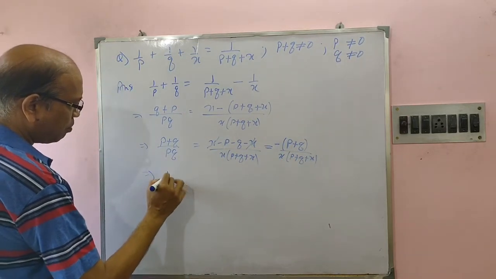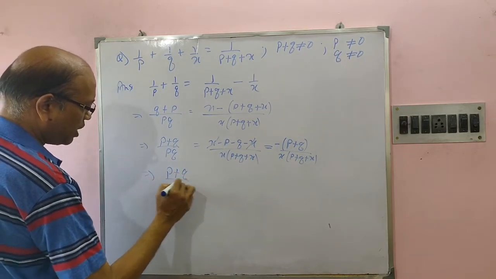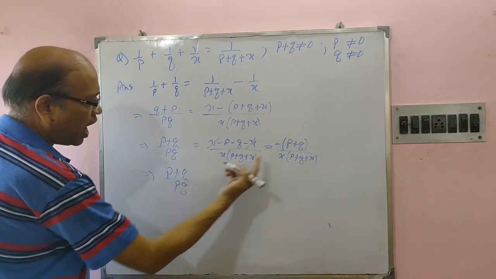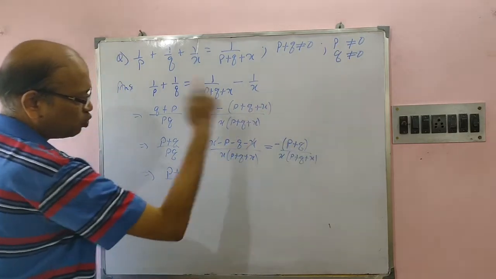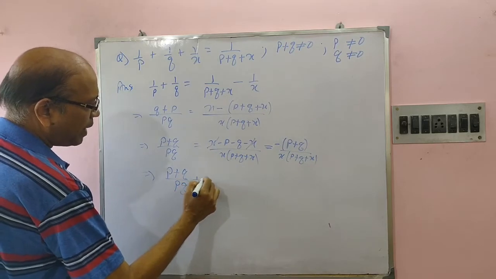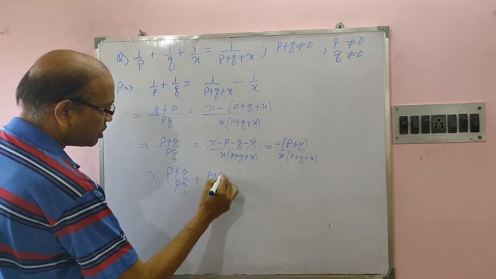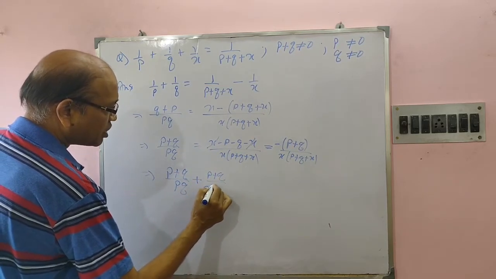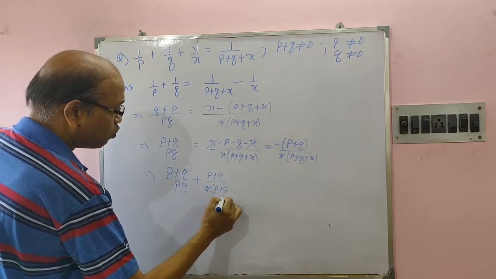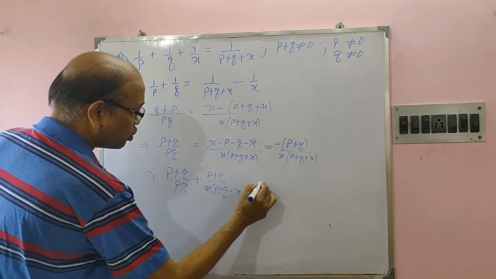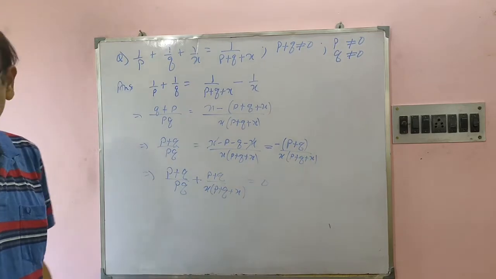Now p plus q by pq, I bring this term to this side, so it becomes plus p plus q by x into p plus q plus x equals 0. Is it clear?